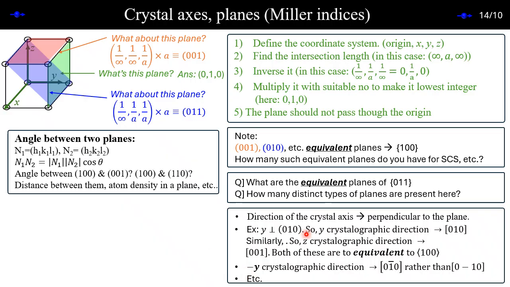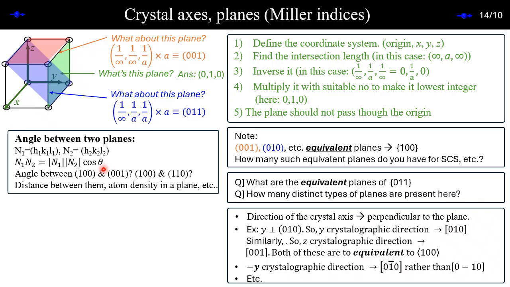Now if we have planes, when I'm saying planes, I definitely mean we have crystal directions as well. So if I give you two different planes, you can find the angle between them. This is very simple. Just like a vector, if I have vector A and vector B, how do you find the angle between them? A dot B, same thing here. This is our definition, like a vector only, as defined by Miller.